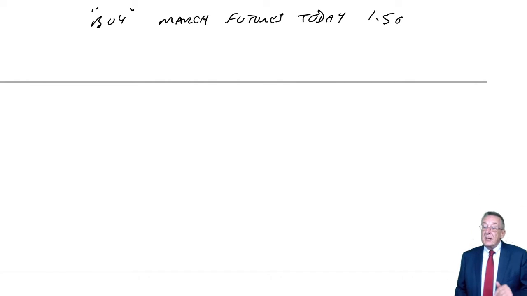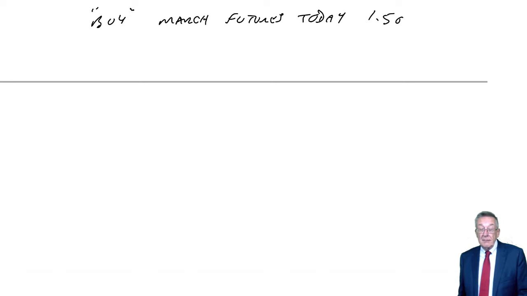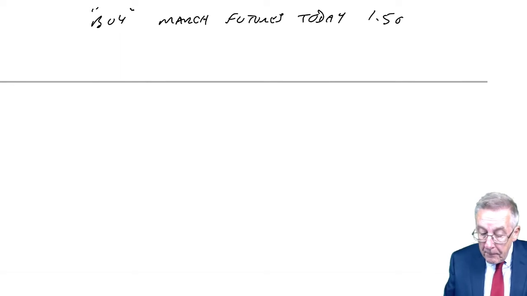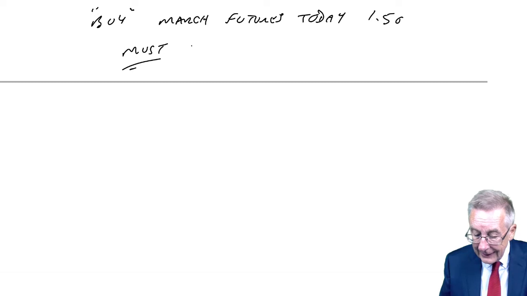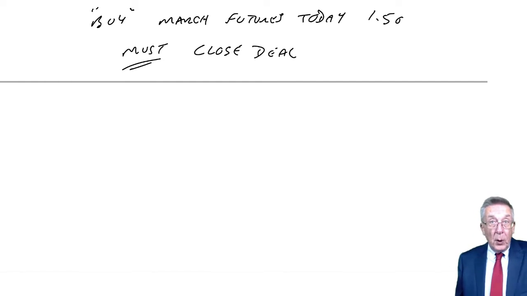However, there is a time limit. Although you can finish the deal anytime you like, I bought them, I can sell them tomorrow, I can wait till next week, I can wait till the week after. We must finish the deal. We call it close the deal, which here would mean sell. We bought today, we have to sell sometime.